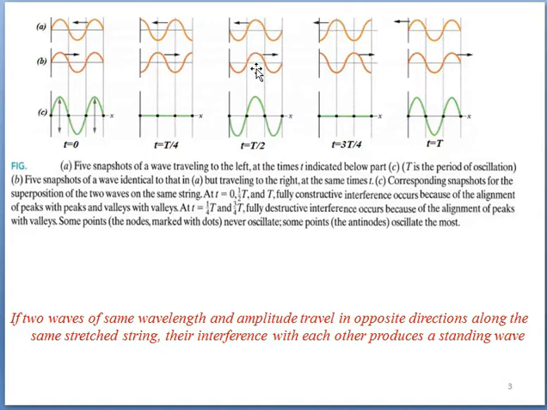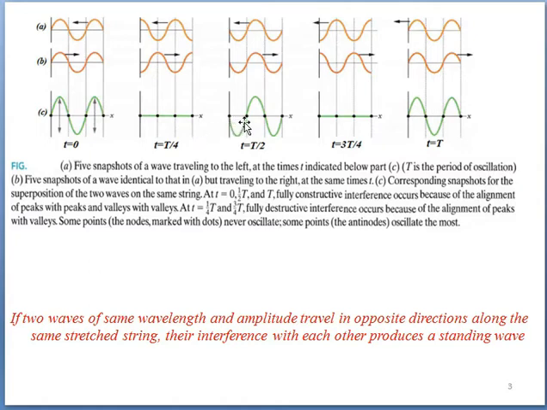So again this gives rise to a double displacement, that is, the amplitude of the resultant wave is doubled at this location and at this location. But again you see that at this point the displacement is 0. This green one is the resultant wave. Figure A is a wave traveling to the left, figure B is a wave traveling to the right, while figure C shows their resultant.